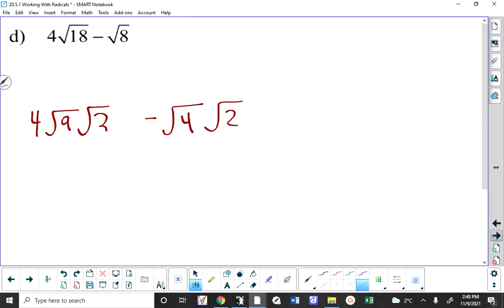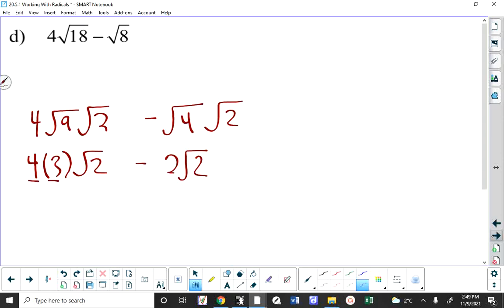You know the thing where I write 2 times 2 times 2 times 3 and all that stuff? I'm not going to do that with small numbers if it's a square root. This becomes 4. The square root of 9 is 3 root 2 minus 2 root 2. This 4 and this 3 are both coefficients.